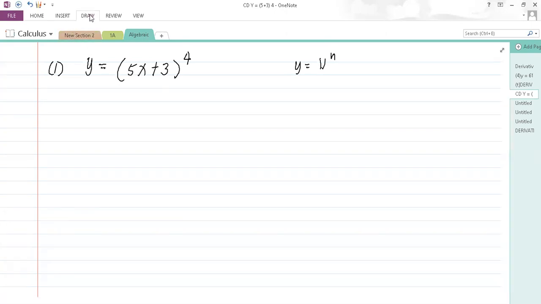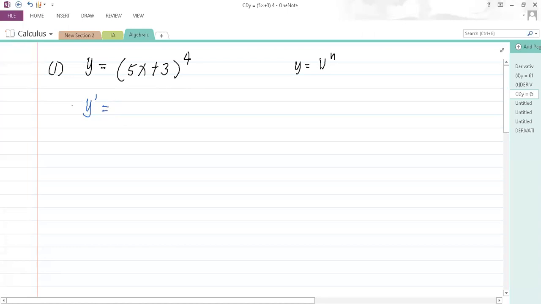Okay? So for this example, that is y prime. This is equal to, parehas pa rin yung ginawa natin kanina for the power rule. 4, so we have 4 times 5x plus 3 raised to 4 minus 1. Okay? So yan na yung sa power rule. So i-multiply natin. So we have this dot is my notation for multiplication, or you can simply use the open and close parenthesis.